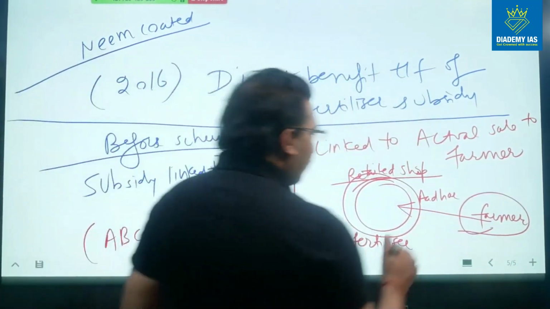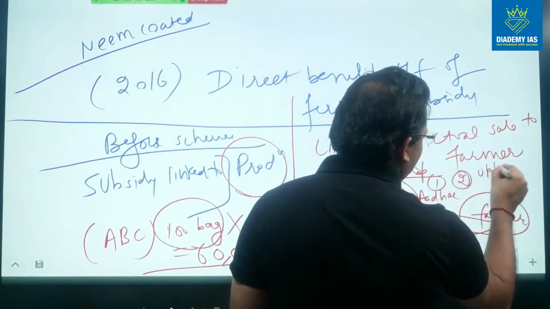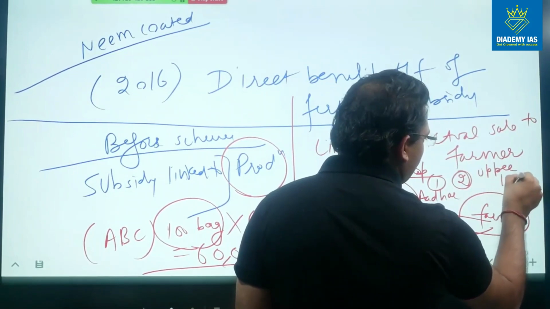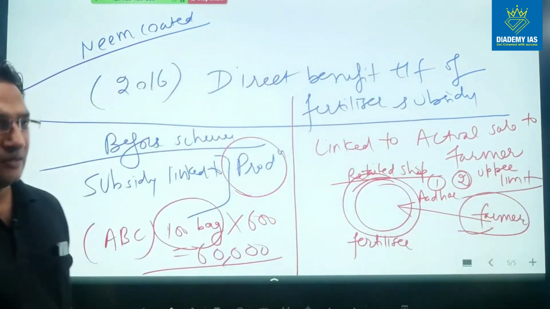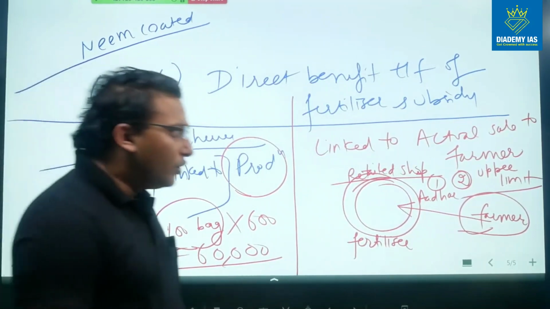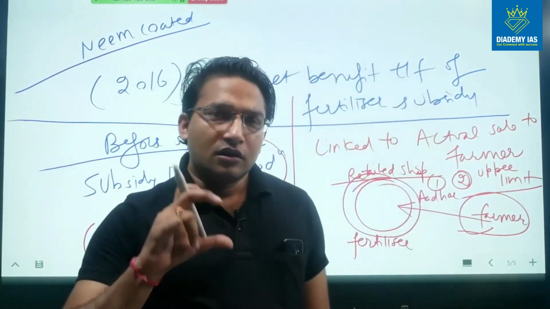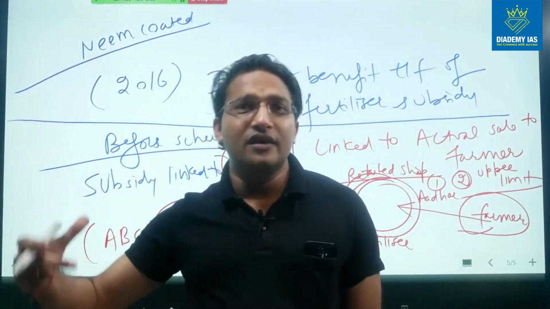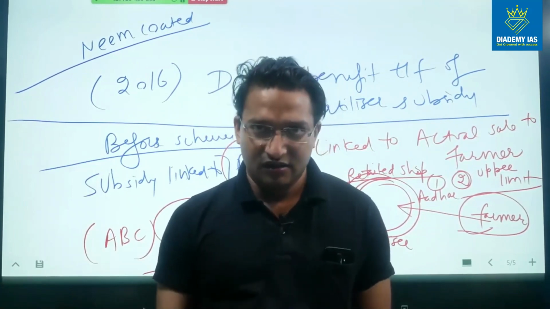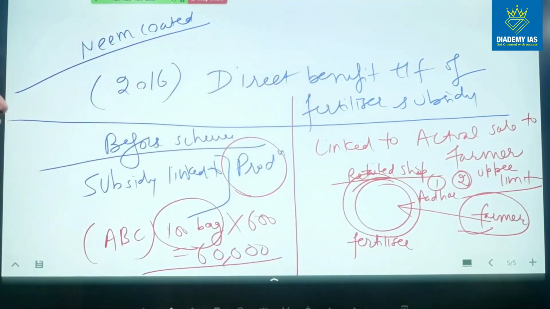So first there is an Aadhaar card, second there is some upper limit which can be given to a single farmer, upper limit of fertilizer which can be given to a particular farmer, right? So due to this system, there is an effort to control the diversion of fertilizer to the non-agricultural areas. So this direct benefit transfer scheme in the fertilizer sector is also working.